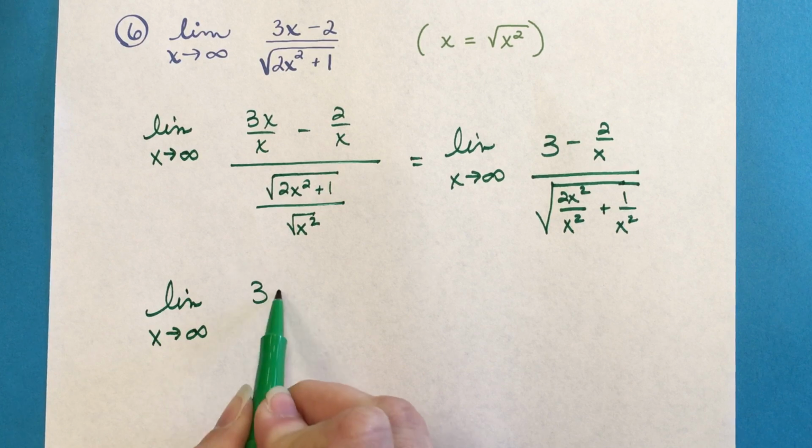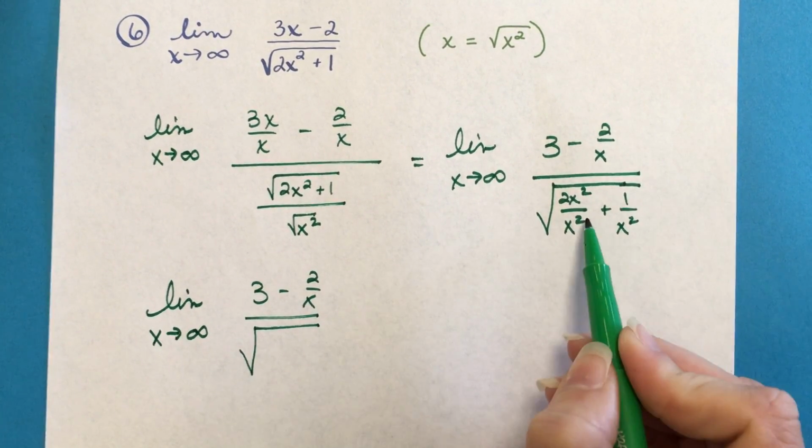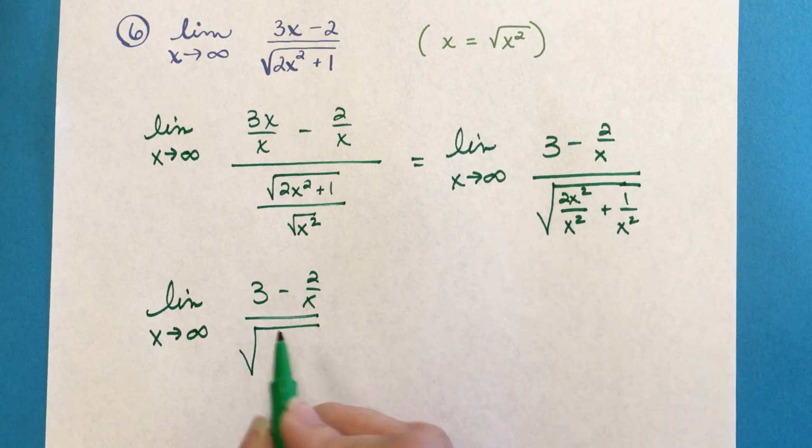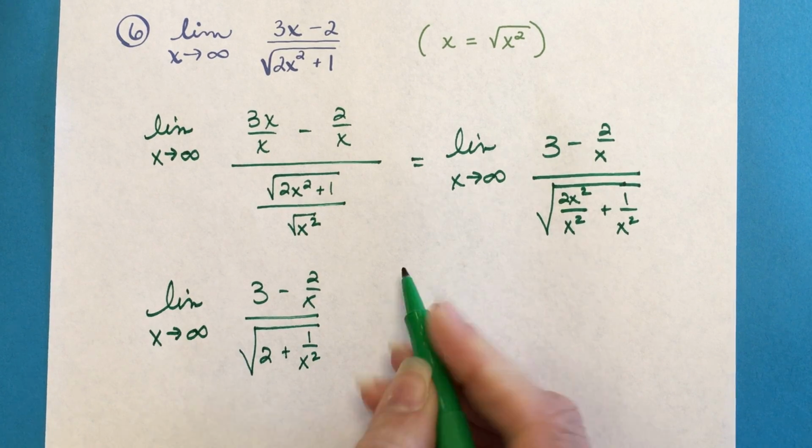Doing some more simplifying on the bottom, the x squareds cancel out, which leaves me with 2, and then I'll have the 1 over x squared.